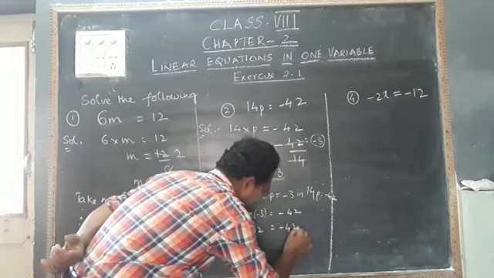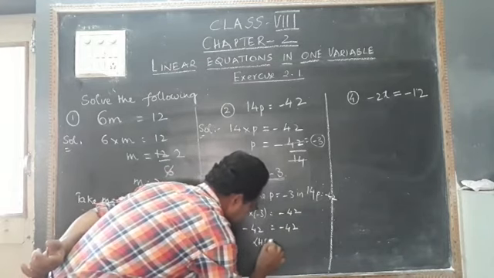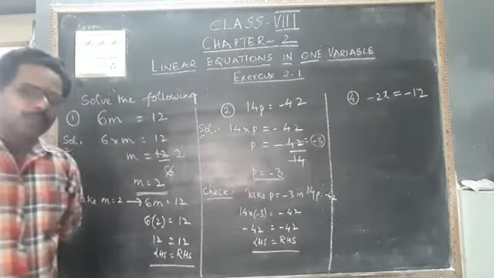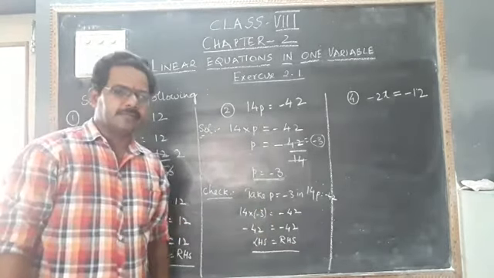Minus 42 is equal to minus 42. It is nothing but LHS is equal to RHS. So it's true. Our solution is correct.